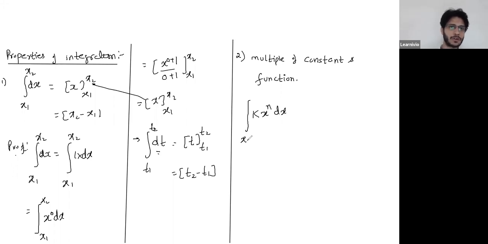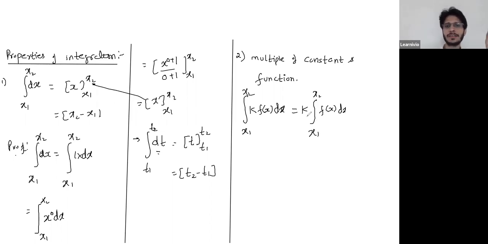So you're integrating k times some function f dx, and the limit is from x1 to x2. If you have this type of integral, then just take k outside the integral. Always take the constant outside the integral. Now solve the entire integral and multiply the result with k.